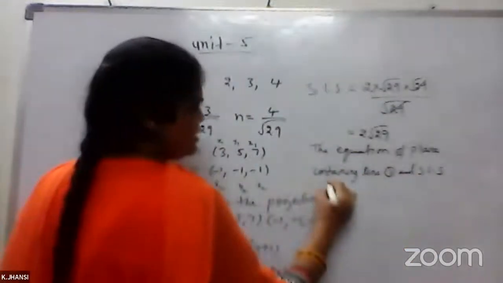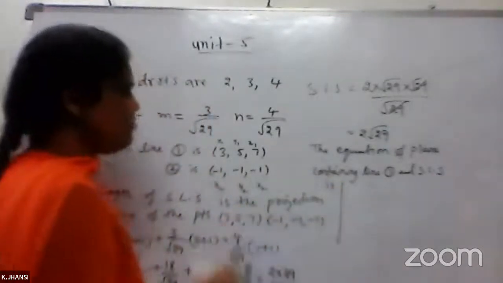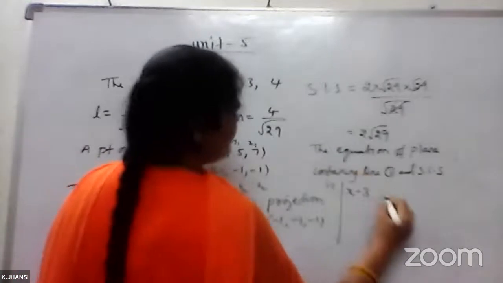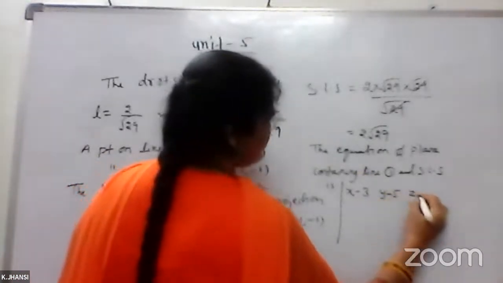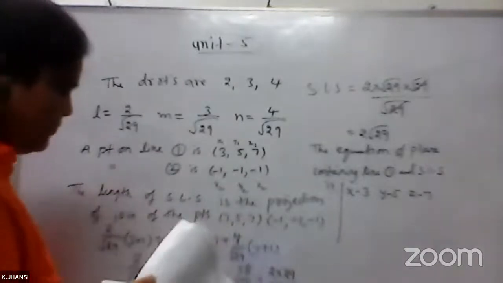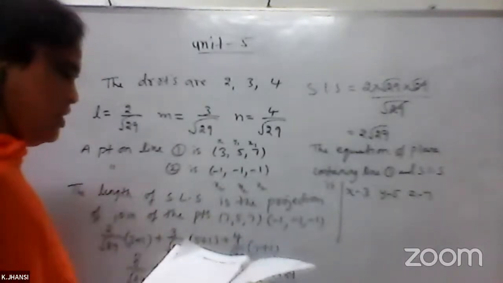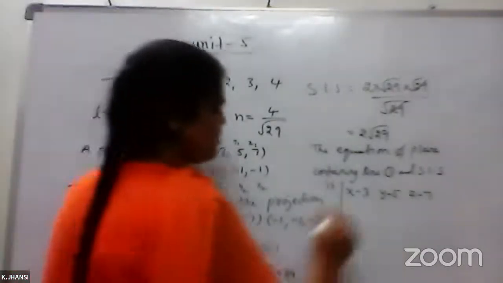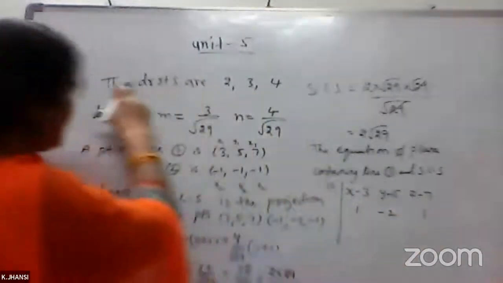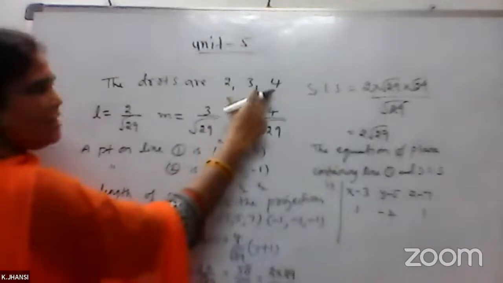So what is our first line equation? x minus 3, after that y minus 5, z minus 7, and the denominators we have are 1, minus 2, 1. And here the direction ratios are 2 comma 3 comma 4.